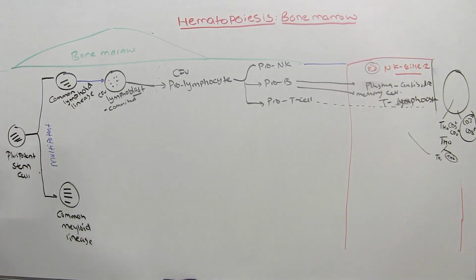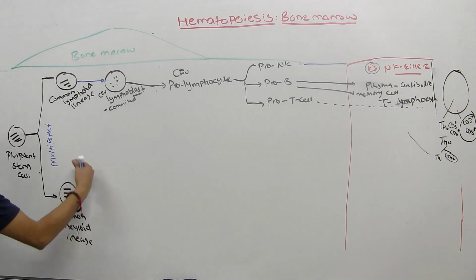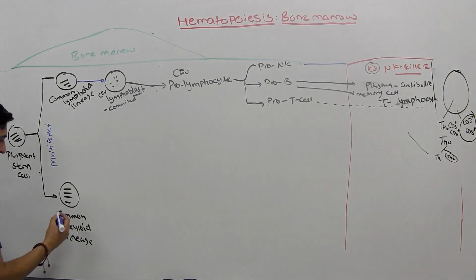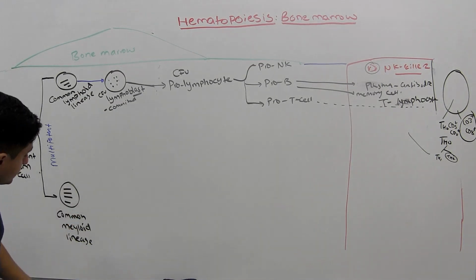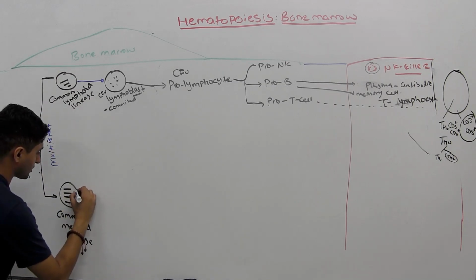Now, once we have that, let's talk about this. I also have to give rise to what's called the common myeloid lineage, right? Now, with the common myeloid lineage, this is going to differentiate into a couple of things. Okay, let's make this a little more toward the top here.